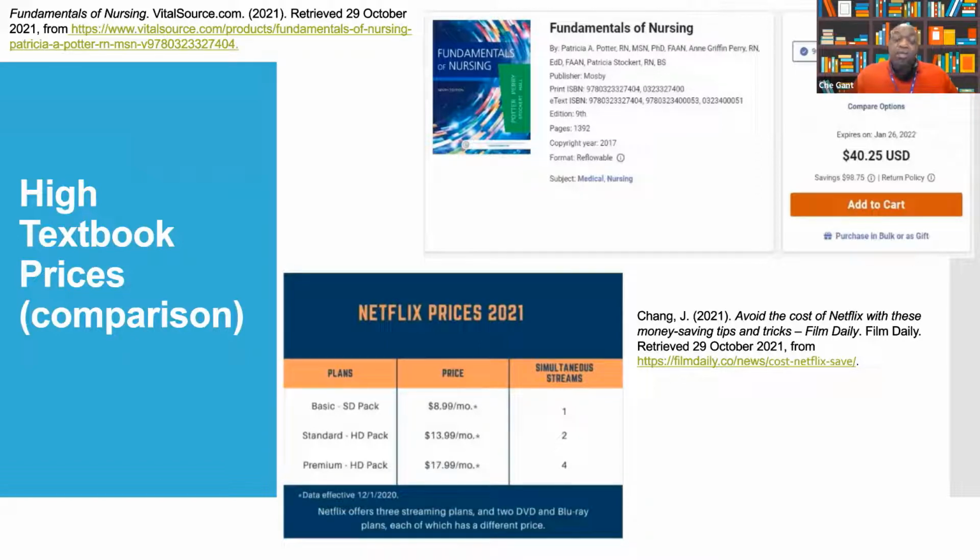And on the bottom picture, something that we can all relate to, a picture and the scale of the cost of Netflix on a monthly basis. So we can see the differences between Netflix, which is something that most, if not all of us use, the cost of renting a book or ebook for a course, and the cost of OER, which is free.